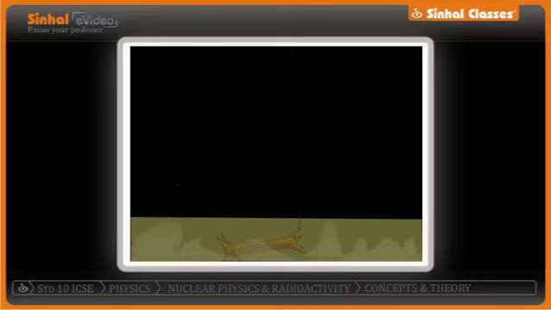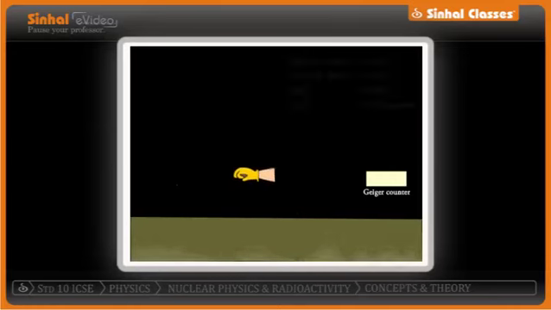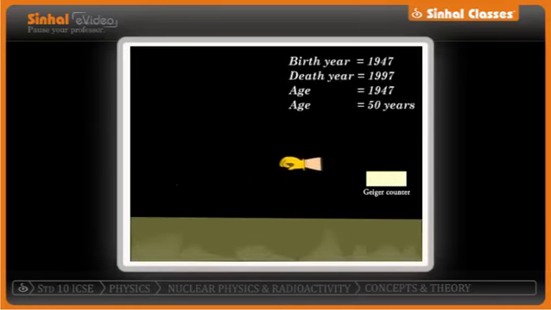After a certain interval of time, say after 10 years, 15 years, 20 years, a soil sample is picked. They test this particular sample in an instrument called a Geiger counter. This counter determines the particles that are present in it.